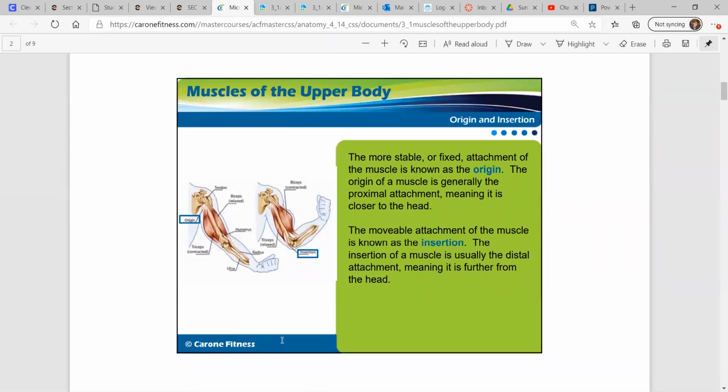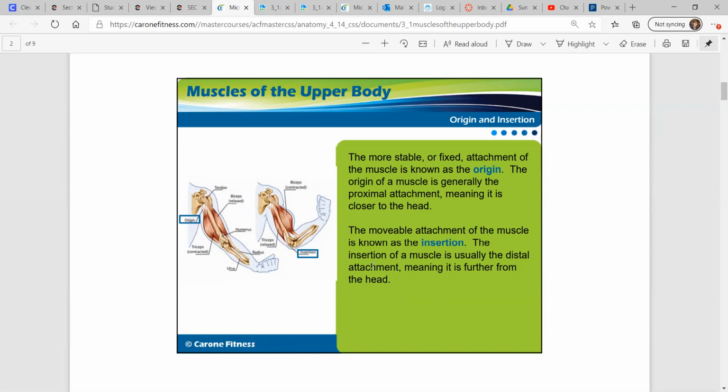The more stable or fixed attachment of the muscle is known as the origin. The origin of a muscle is generally the proximal attachment, meaning it is closer to the head of the muscle. So check out this picture here. The origin for the arm is up here.